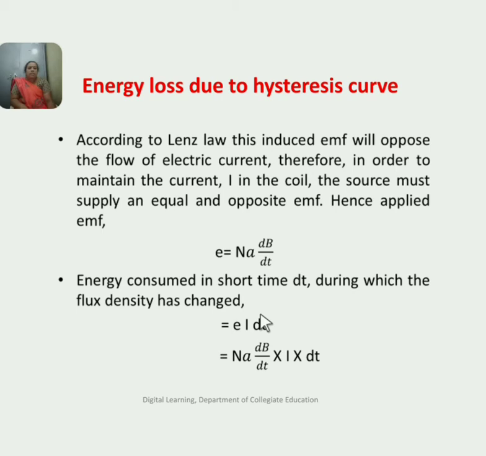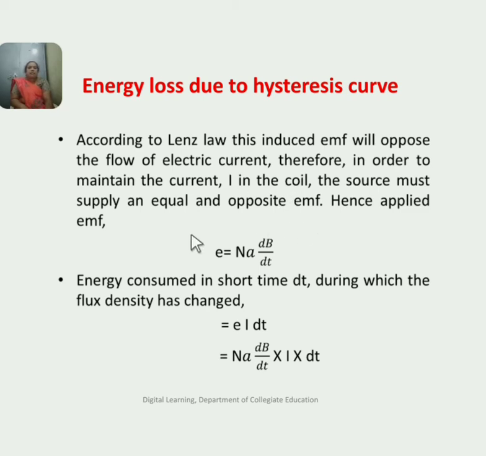According to Faraday's law, we know that induced EMF is directly proportional to the rate of change of magnetic flux, that is E is equal to d phi by dt. And also the total flux through the ring is given by phi equal to B into A, which is measured in Weber.